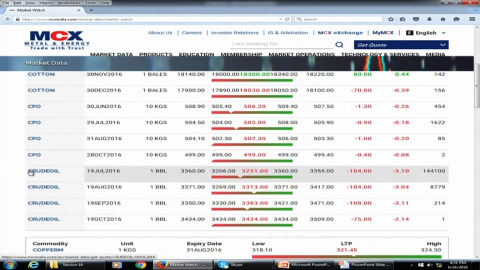If you can see, standing here on 24th June, you have the 19 July contract, which is maturing on 19th July. At what price did it open? When the exchange opened, it traded at 3,360 rupees a barrel.